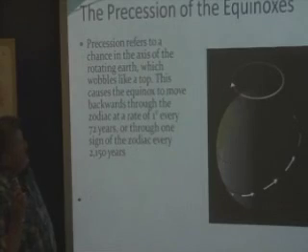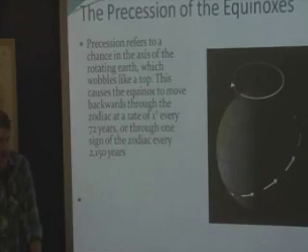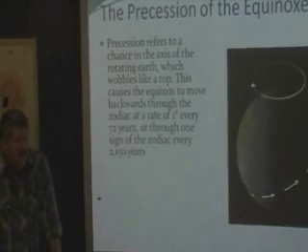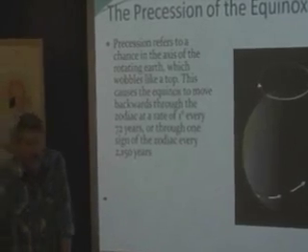Now, what happens is, most of you in this room are old enough to have spun a top as a child. This was before video games. And what happens with that top after a while? It starts to wobble. And the same thing is going on with this spinning top that we live on called the Earth.